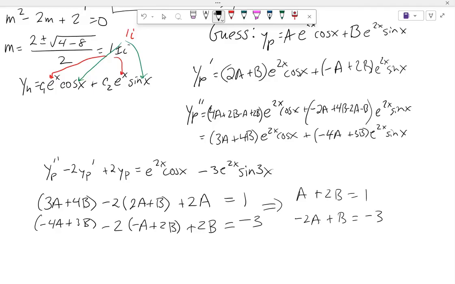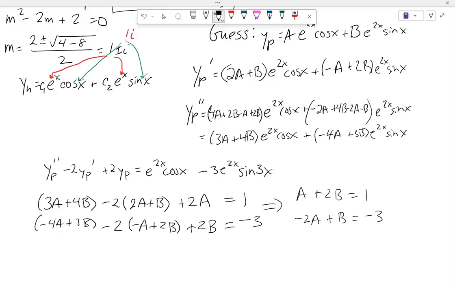That actually makes more sense that it was positive than negative from a structure standpoint, because the system's coming out of the e to the x cosine x and e to the x sine x. The sine ones should be positives, and then the cosine should have one positive, one negative. So yes, I messed up.